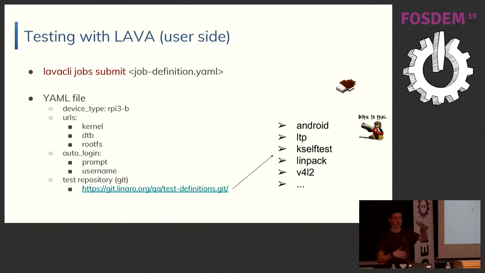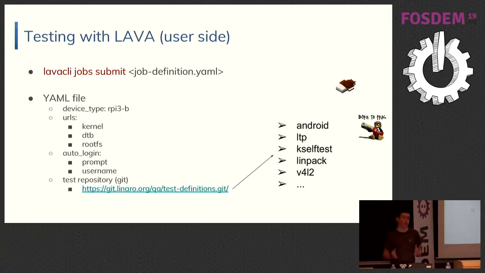There are more things to describe, obviously, but it's too large for the screen. Usually you will describe the device type you want to address. You will not say, I want this specific device in the lab, like Raspberry Pi 01 or 05. I want a Raspberry Pi 3B. Lava will pick a board which matches this device type and is available at the same time. You will point to the kernel, DTB, and rootfs you want to deploy.